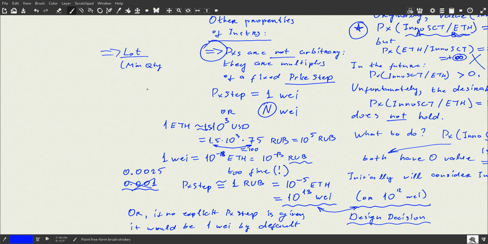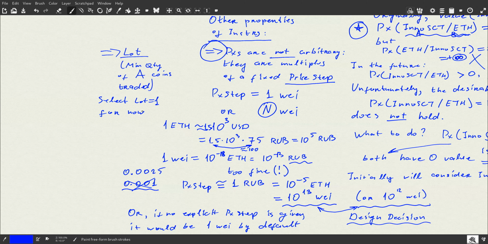For the moment, I suggest that we select simply lot equals to 1 for now. In general, it could be both greater than 1 and sometimes less than 1, but that's less frequent.